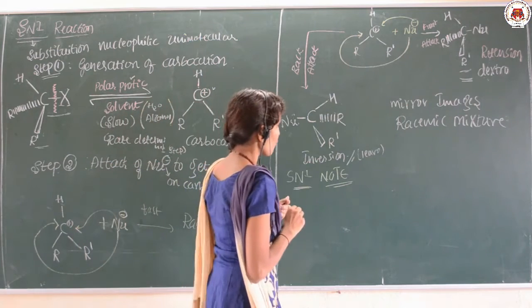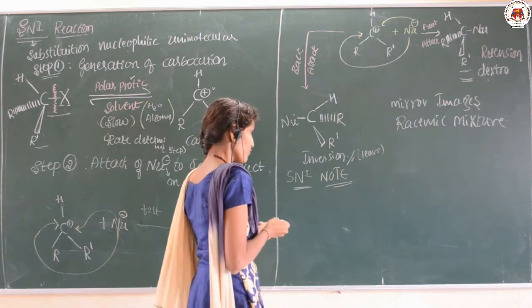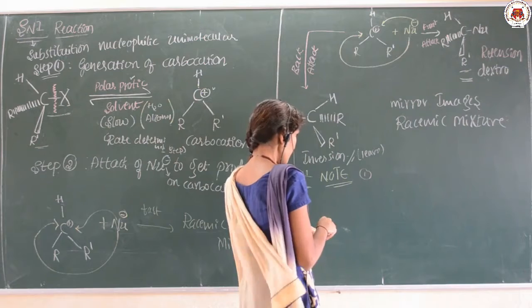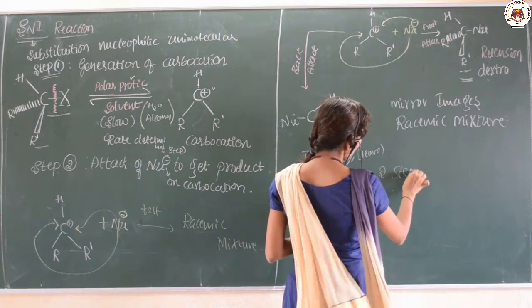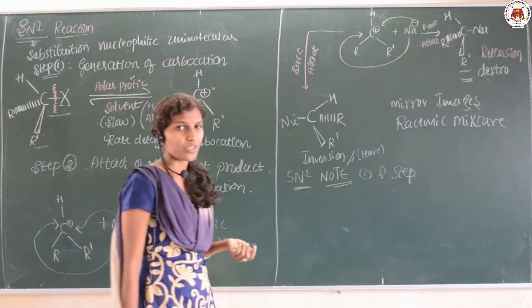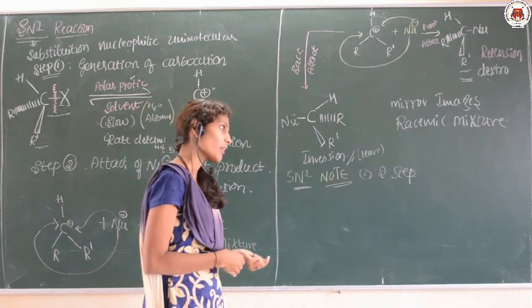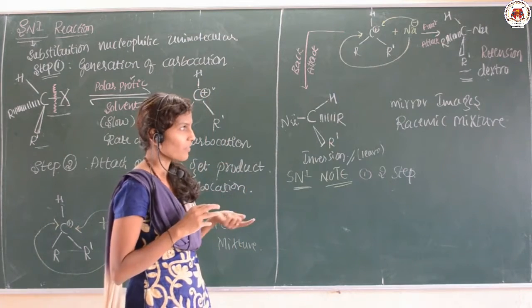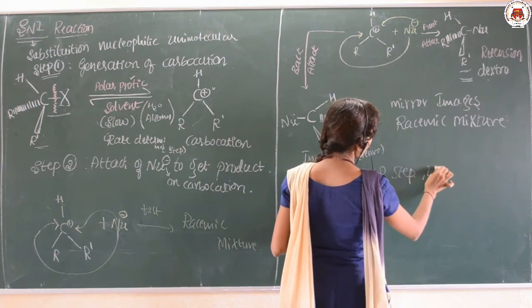So, let me explain a few points regarding the SN1 reaction. First one, it is a two-step reaction. The first step is generation of the carbocation, the second is attack of the nucleophile on the carbocation to get the product. So, it is a two-step reaction and it is unimolecular.